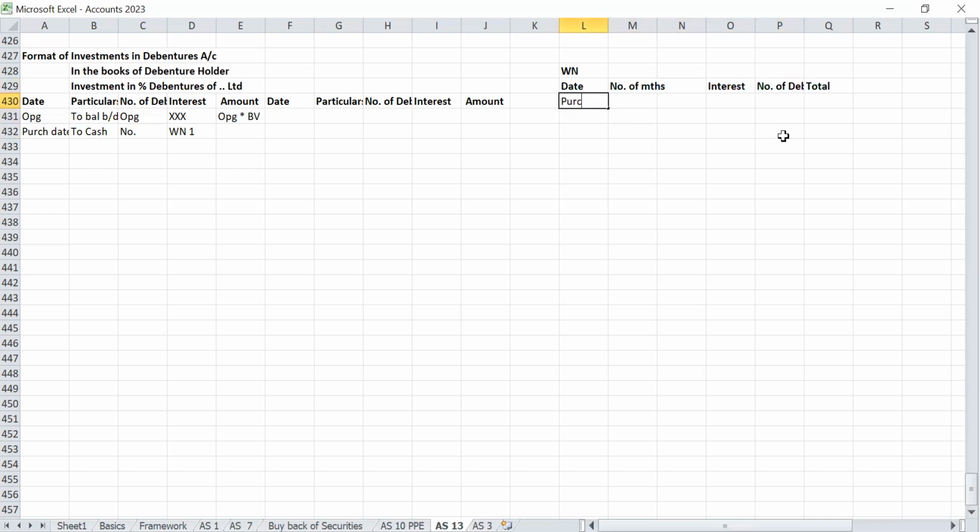Purchase date: number of months will be from the last interest payment date, when they last paid interest, to the date of purchase. So I am calling this opening to date of purchase.